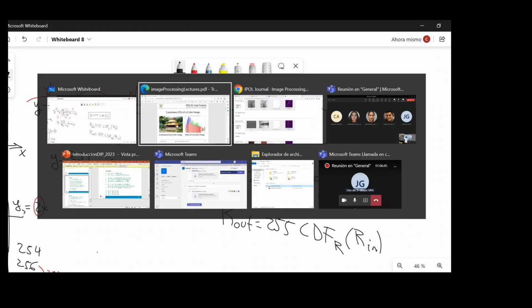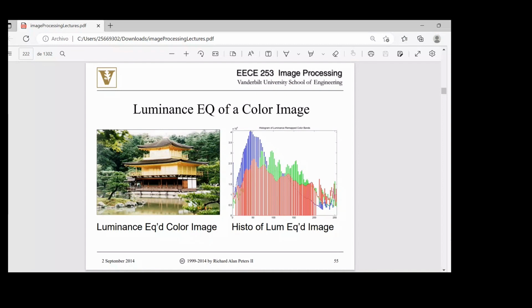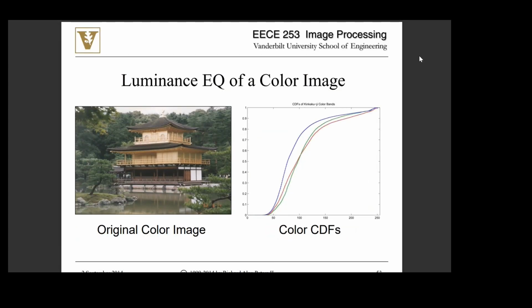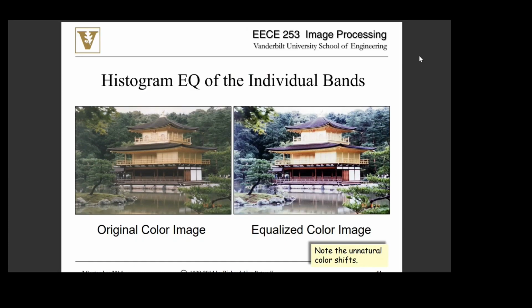So you can be really, really creative. And what I want is that this one has a much more natural appearance than this one.